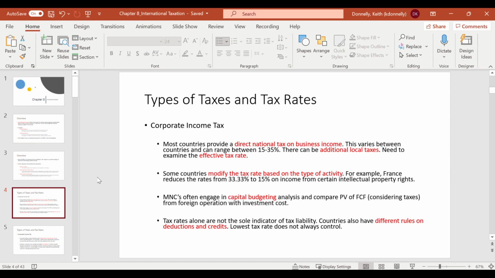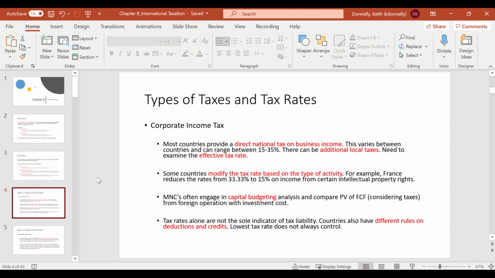So you have to be aware when you're looking at the overall tax rate and be cognizant of the effective tax rate, all of the taxes you're paying. And some countries modify the tax rate based on the type of activity. So, for example, in France, you may normally pay a 33% tax rate, but they would reduce this to 15% if the income was related to intellectual property rights.